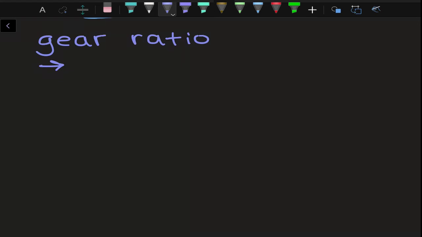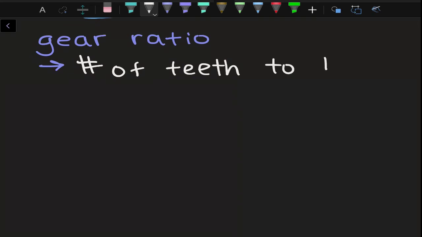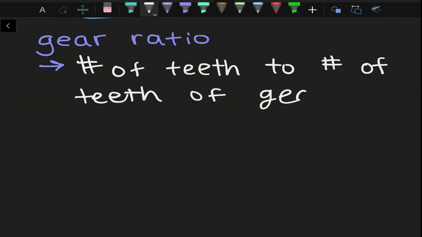Okay, so that is, like I said, number of teeth to number of teeth of gears.